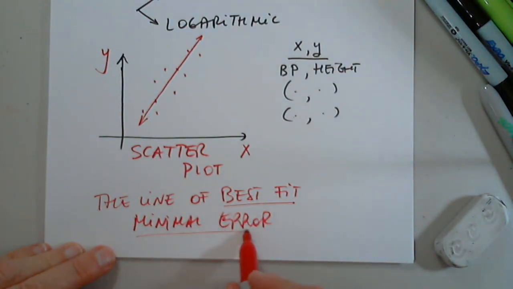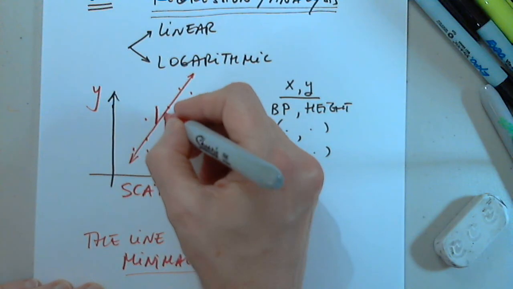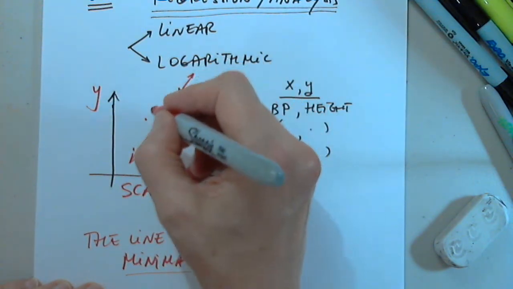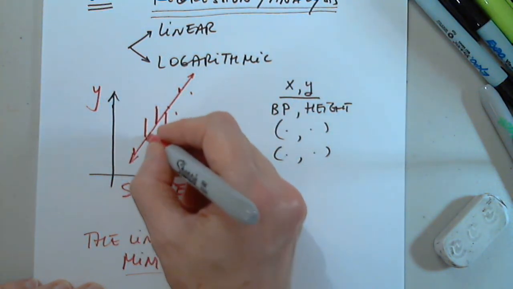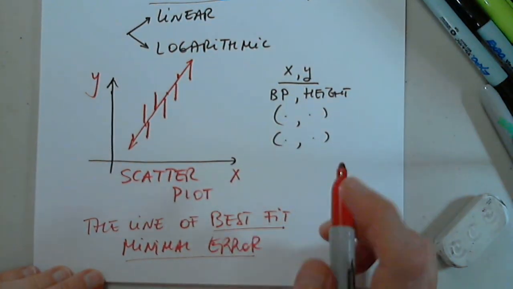It has minimal error in the sense that the distances squared from each point to the line are the minimum.